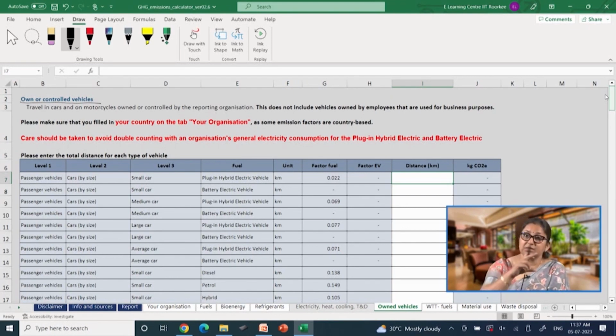Now, there will be a significant change from then to now. The kilometers will reduce for each vehicle, the number of vehicles will reduce, and hence the overall reductions can be calculated. So, this is for owned vehicles, and these are scope 1 emissions because they are direct emissions, which are owned or controlled vehicles.